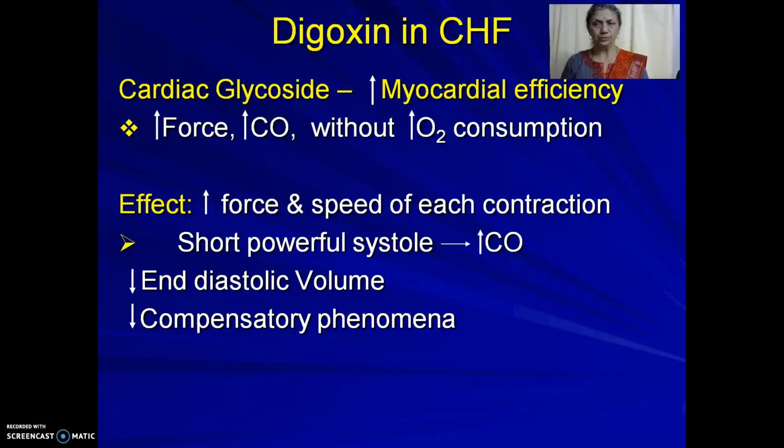Because output improves, end diastolic volume will start going back to normal. Second benefit is that the compensatory mechanisms activated because cardiac output had dropped will start settling down. So both these actions are reducing the oxygen requirement, reducing the cardiac workload.